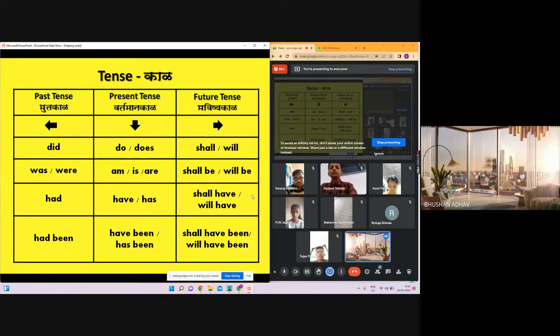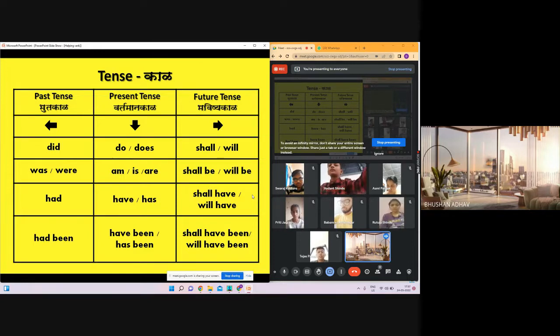And suppose there would be eight words somewhere in a sentence: shall be, will be, shall have been, will have been. These words are telling that the sentence is from future.